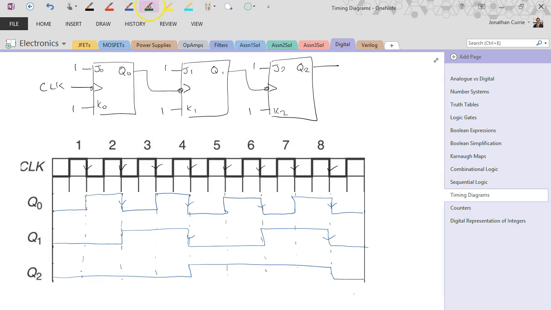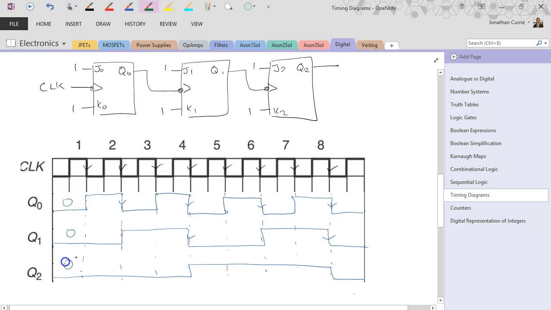If we actually write down the states of each of these lines, you'll start to build up a picture of a counter.